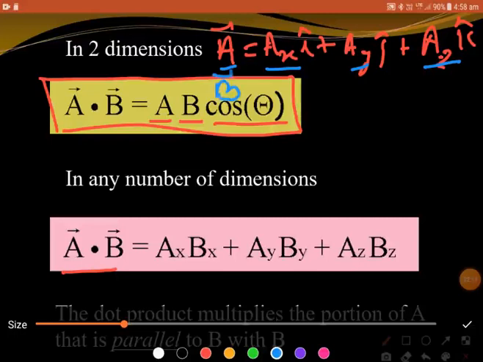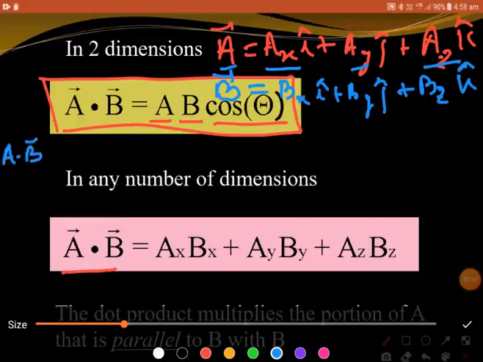b vector, let me write here: bx i cap plus by j cap plus bz k cap, like this. If you are going to take a dot product of these two, then it will be equal to a dot b vector. First you need to write all the components of a vector here, and you have to take the dot with the components of b vector.